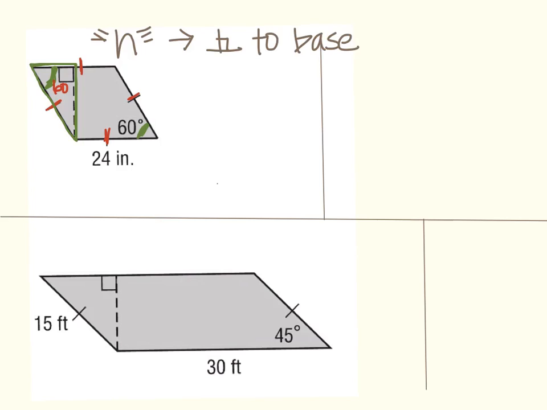And so therefore I can find out some missing pieces. First of all, since this side and this side are congruent, if this one is 24, then this one is also what? 24. Now that is the hypotenuse of this right triangle right here.